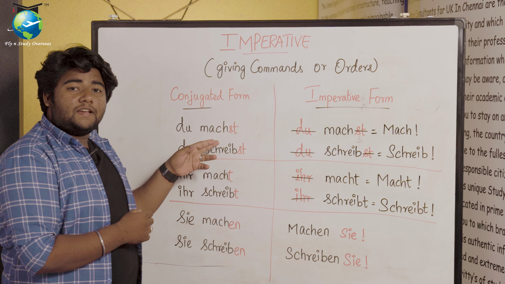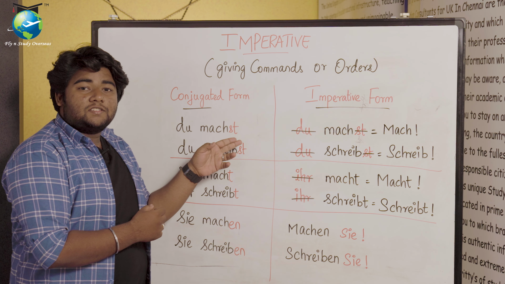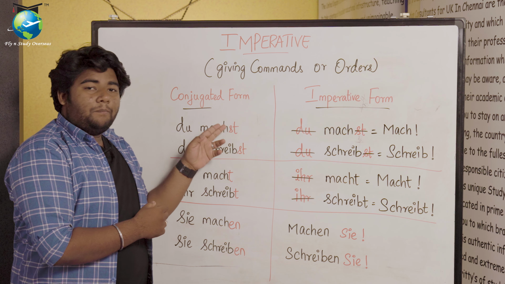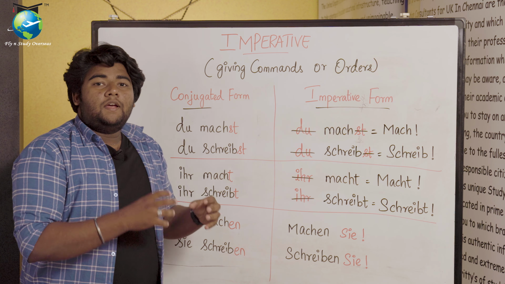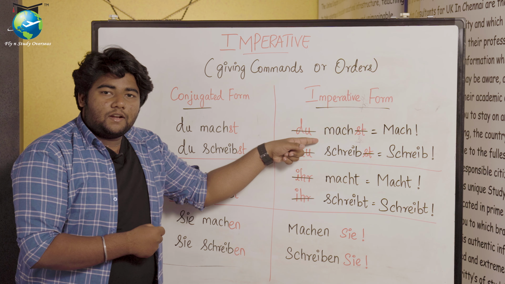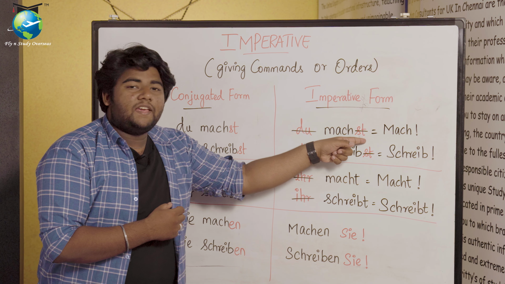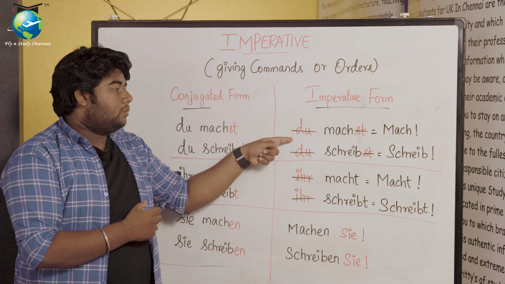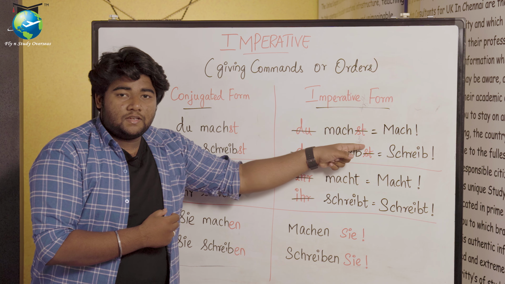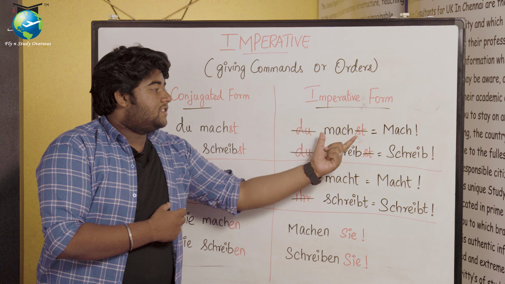Basically, machen is conjugated like du machst. But when it goes to imperative, you have to remove the subject and the ending st, and use only the verb stem, which is mach.